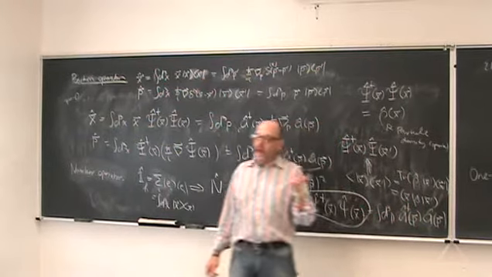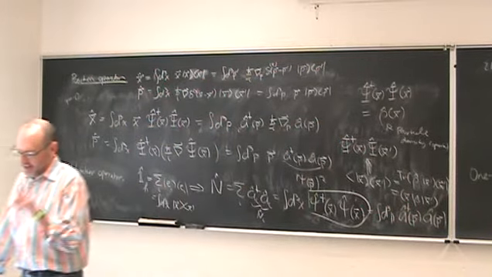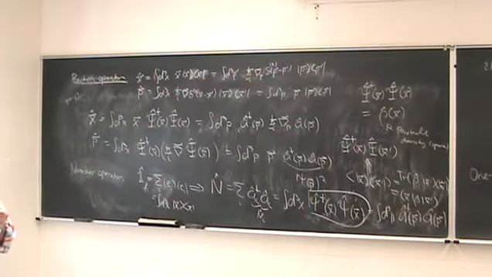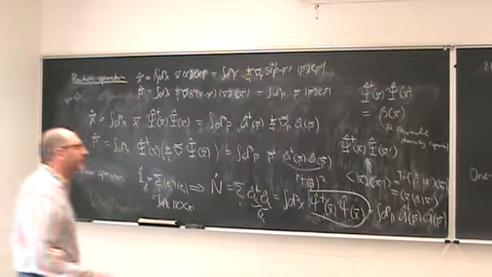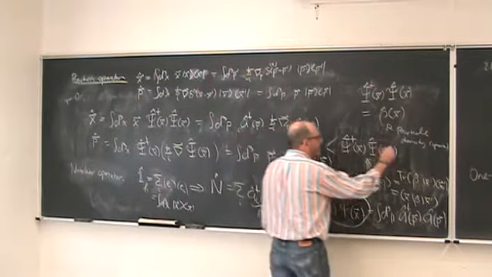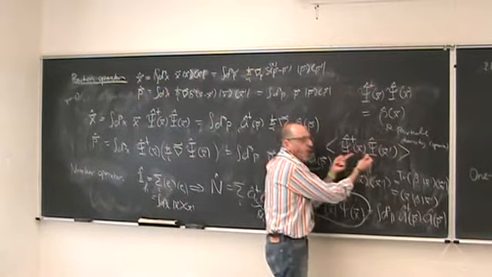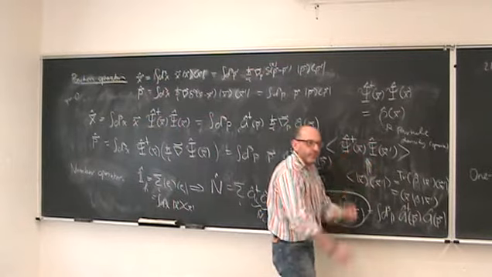Remember, the off-diagonal elements of the density matrix tell me something about the ability to see interference between those two alternatives. So this operator, if I were to look at, say, the expected value, is saying something about coherence at two different points in space.